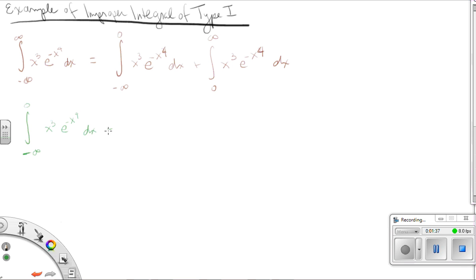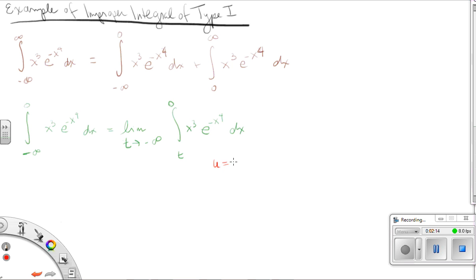And as we noted in the previous video, this is a limit as t goes to negative infinity of the integral from t to 0 of x cubed e to the minus x to the fourth dx. So how do we want to approach this integral? Give you a moment, pause it, see if you can think about it before I tell you.